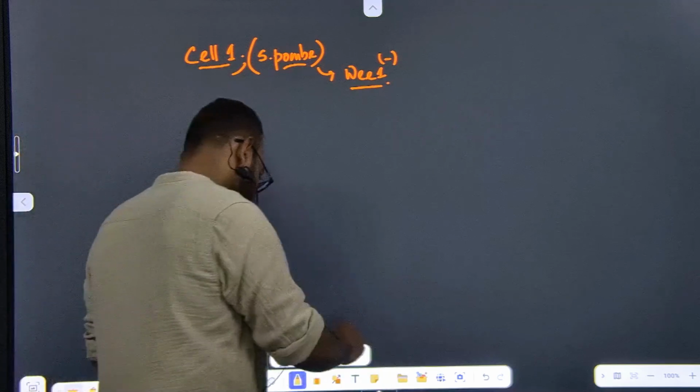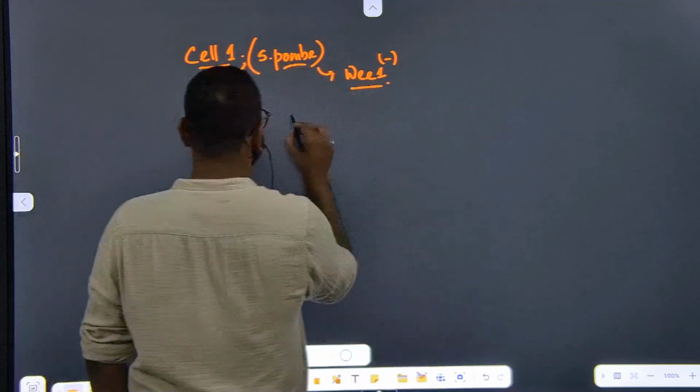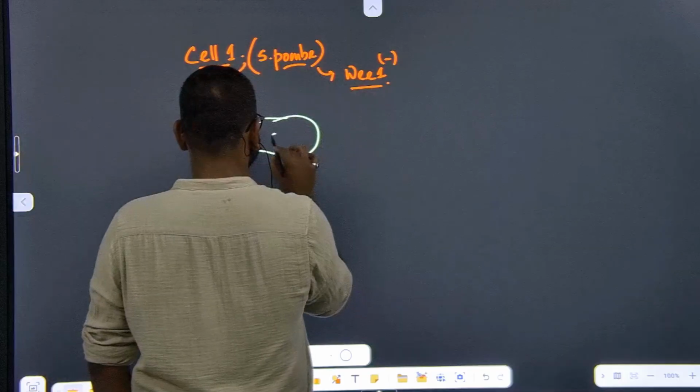Now let's see. This is our typical cell.